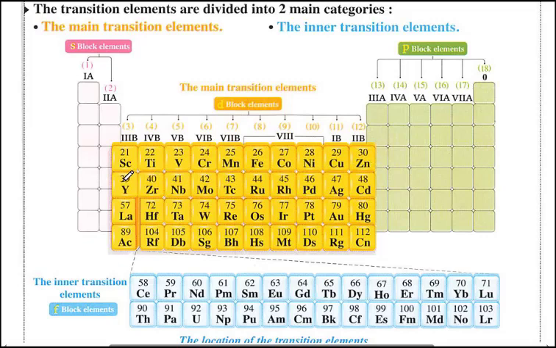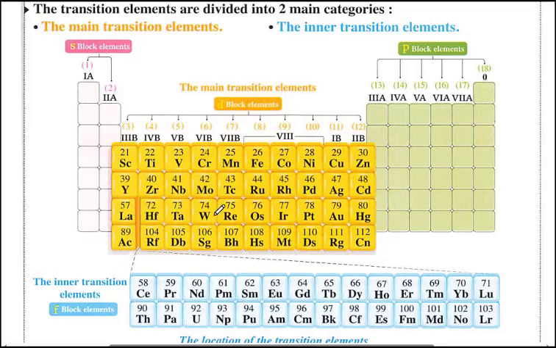The second transition series is in the 5th period. It starts with yttrium 5s2 4d1 and ends with cadmium 48, 5s2 and 4d10.